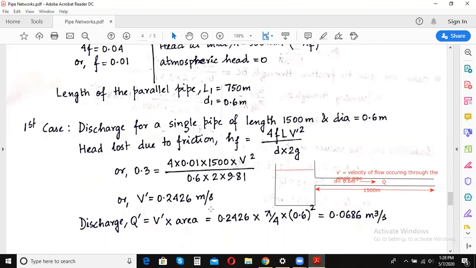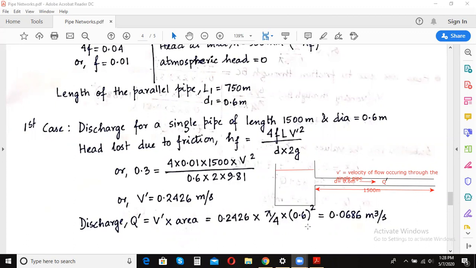Now we have to calculate the discharge. We are denoting the discharge through this single pipe as Q'. So discharge Q' is going to be the area of this pipe into the velocity, that is V'. The area is pi by 4 into 0.6 squared, and the velocity is this.